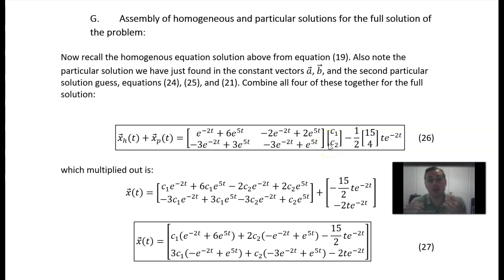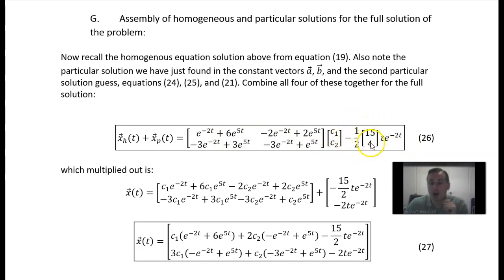That is, you have to know what the value of the vector x was at some time t, like some initial condition, maybe t equals 0 or something, and you could find c1 and c2. But in general, they're just unknown. That's part of the general solution. That comes from the homogeneous solution. And then here's the particular solution.